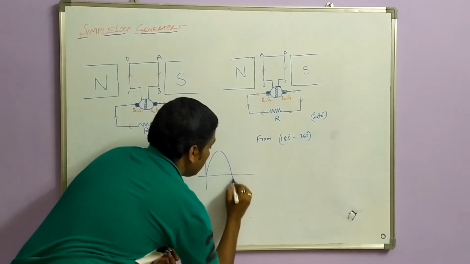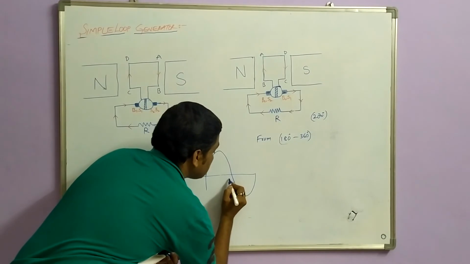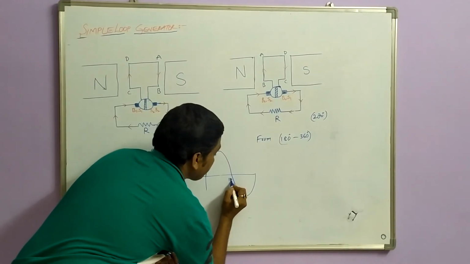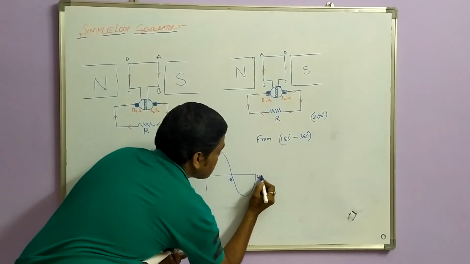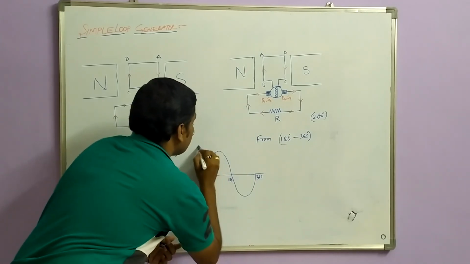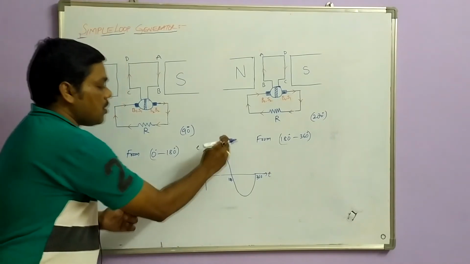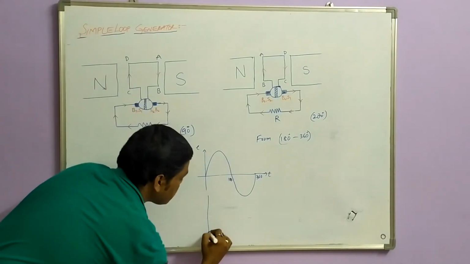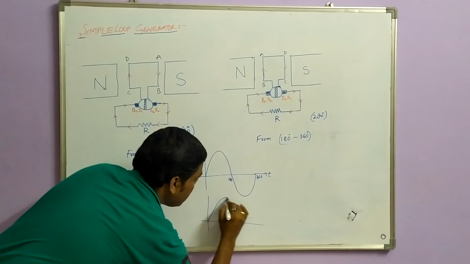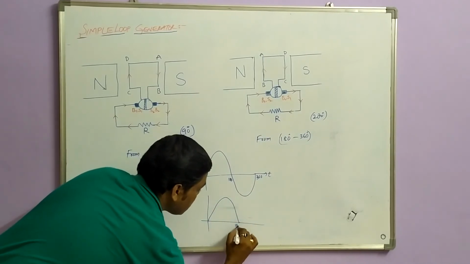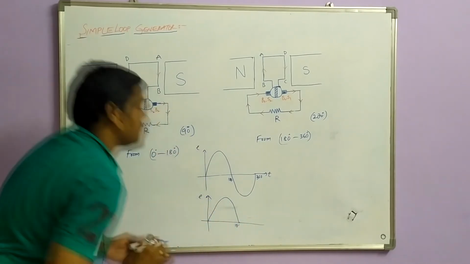positive cycle and negative cycle, that means 180 degrees and this is 360 degrees portion. Induced EMF with respect to time period. So up to 180 degrees, this portion remains as usual.